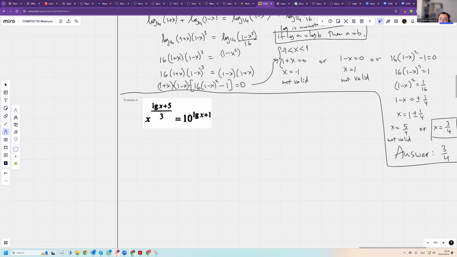Okay, well, this is two powers, so we have a to the power something equals b to the power something. What you do in this case, you just take logs of both sides.